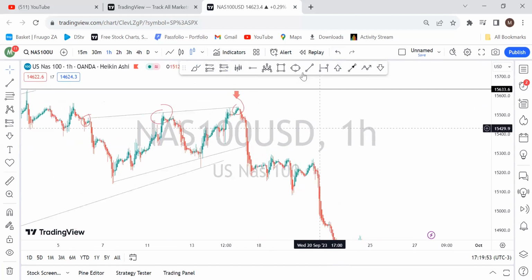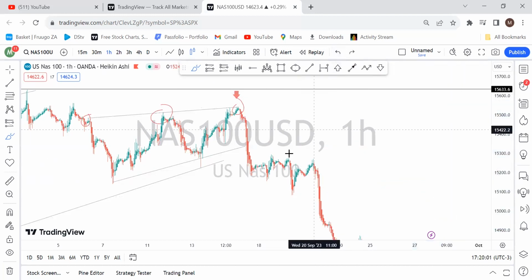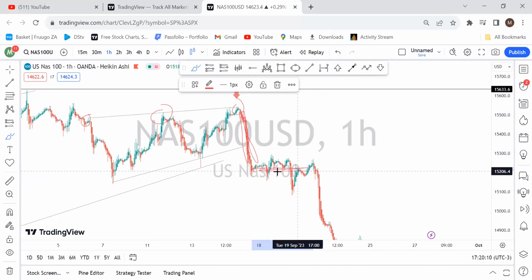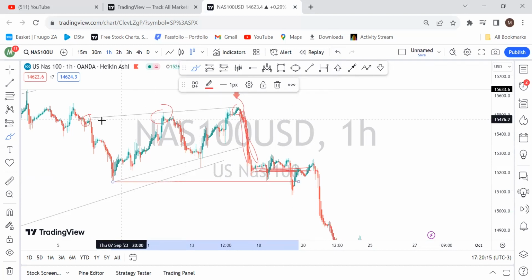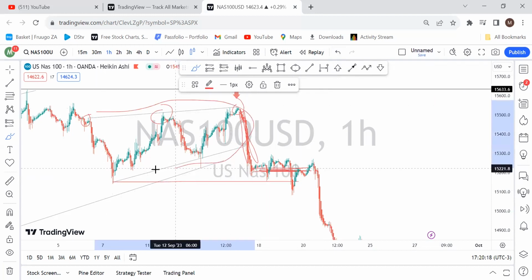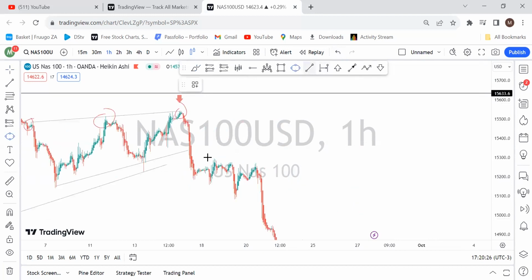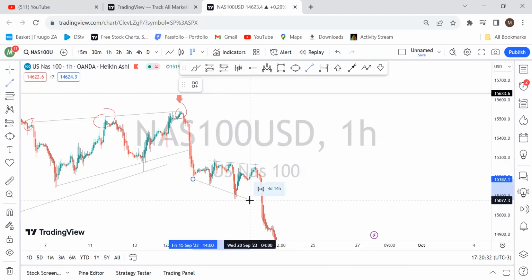And then the second setup, remember the market moves in 2 phases, which is an impulse, correction, impulse, correction, impulse, and so on. So we had this nice impulse to the downside from our entry point, and then the price started correcting right there, right? This part being our 90% rule of this small structure. So you could have drawn your resistance, your support as well, but it's not really necessary.